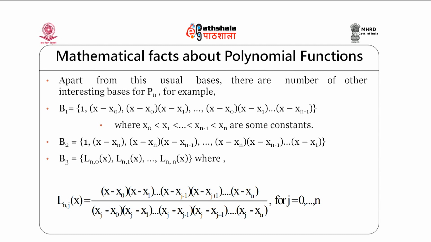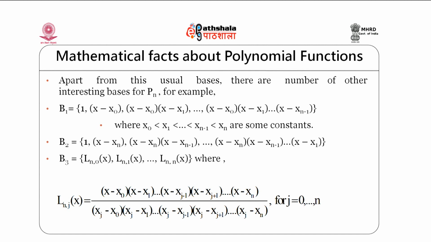So, L n j will give me the numerator as x minus x 0 into x minus x 1 up to x minus x j minus 1, and the x minus x j factor is dropped, and then x minus x j plus 1 up to x minus x n. And in the denominator you are just repeating the numerator by replacing x by x j. So, the denominator will be x j minus x 0, x j minus x 1 up to x j minus x n. Naturally, x j minus x j cannot be a factor in the denominator, as it will be 0. Such functions also form a basis for P n.